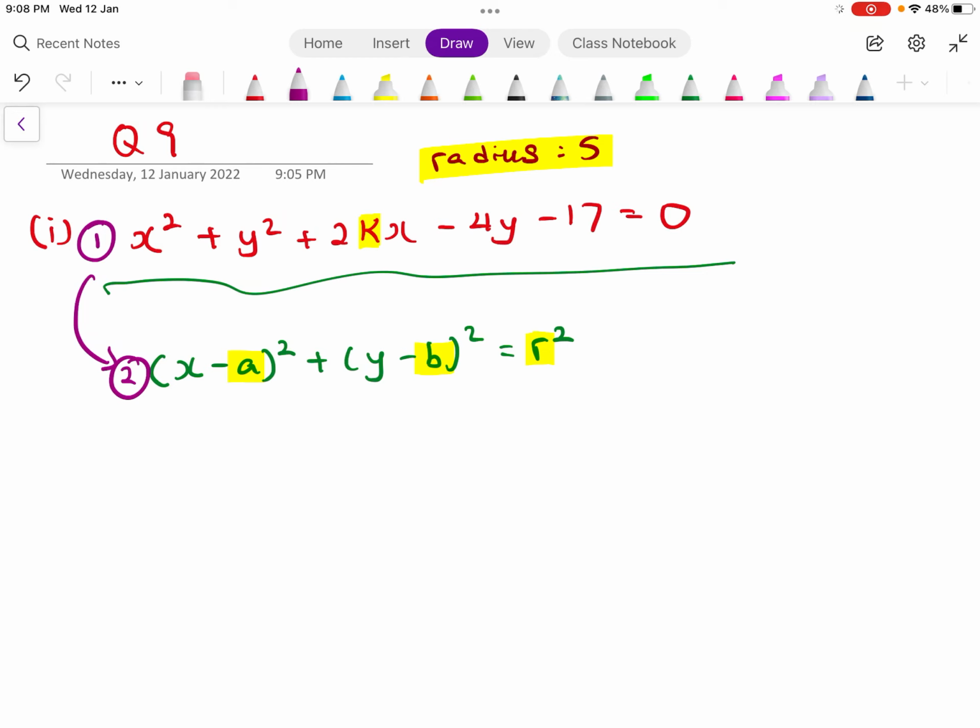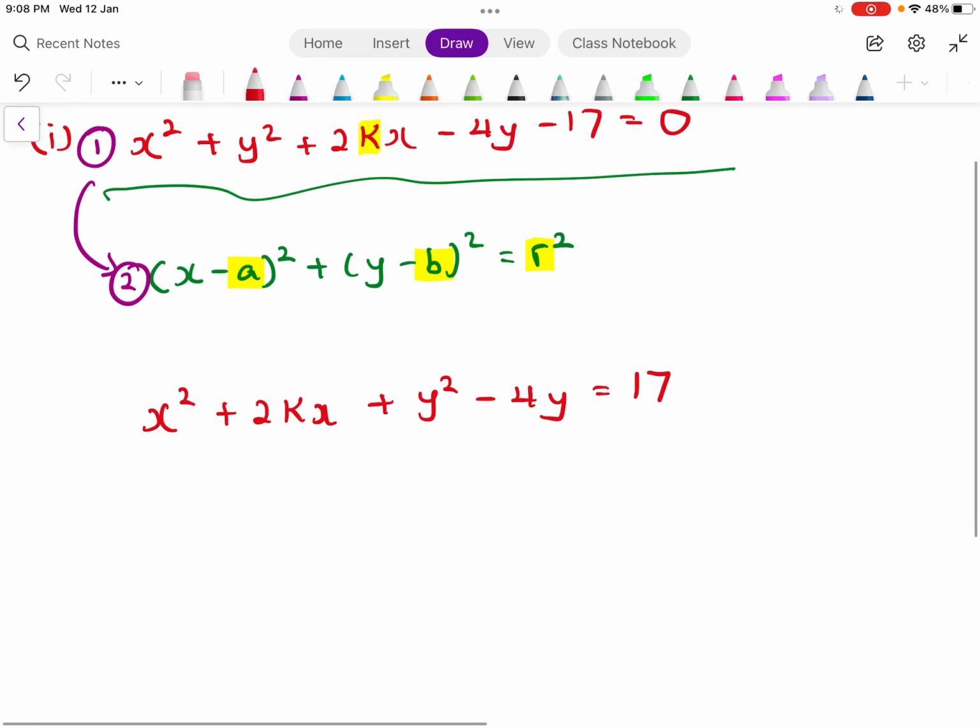This one is where we need to complete our square already. Okay, so now let's complete the square. First thing first, I put all the x together. So x squared plus 2kx. Then after that, the y you put together plus y squared minus 4y equal to positive 17.